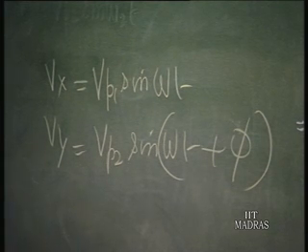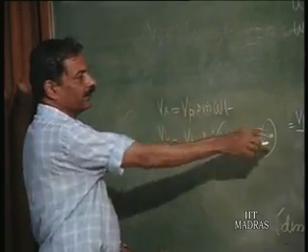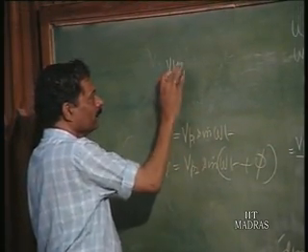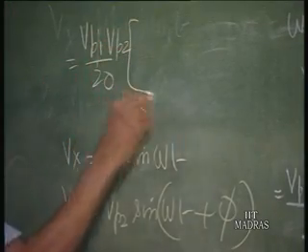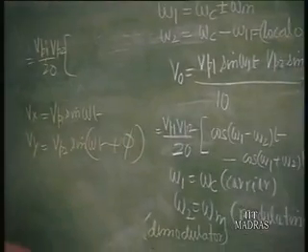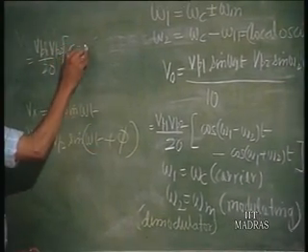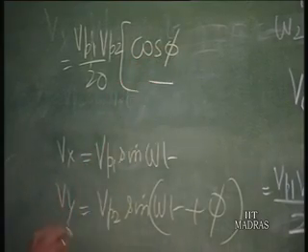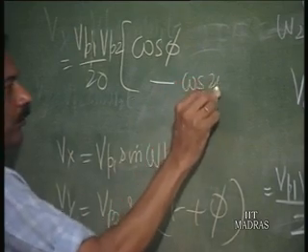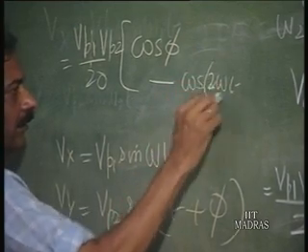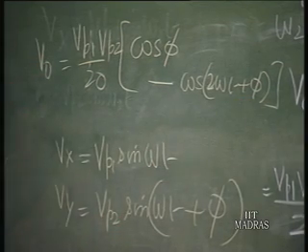So, if you feed this as the input x and y, what will you get? Again you will get a component which is Vp1 Vp2 by 2 cos of (omega 1 minus omega 2), here it is this minus that, cos phi, minus this plus this, that means cos(2 omega t plus phi). This is the output.